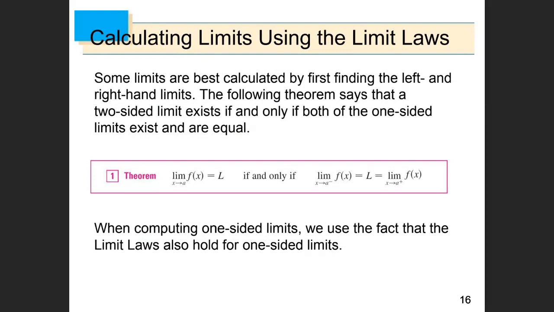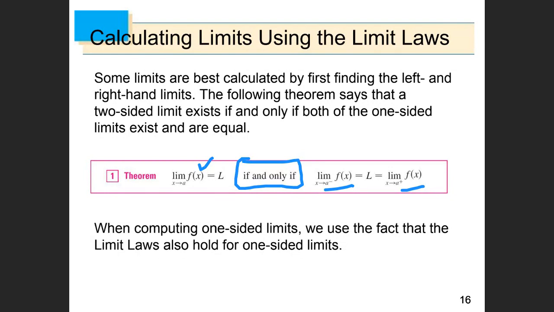Theorem. All right, now the limit as x approaches a of f of x equals L, if and only if. Guys, I think I've mentioned this like 50 times already. This limit is equal to L if and only if the limit from the left gave me L, and the limit from the right also gave me L. All right, your limit from the left and the right must be the same.